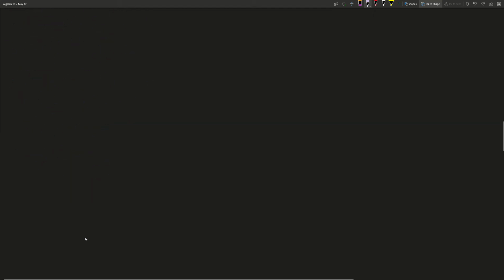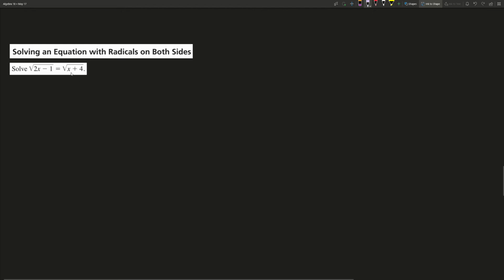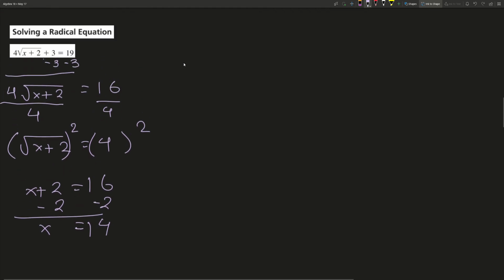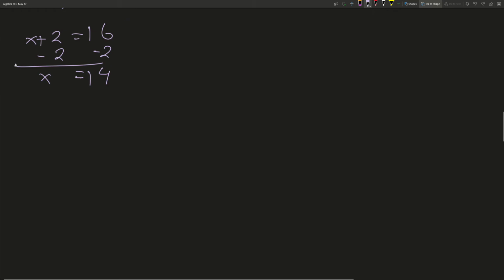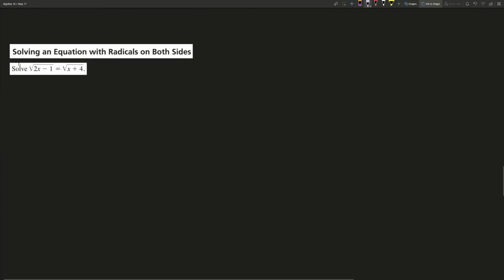Alright. So now we'll be solving an equation with radicals on both sides. Notice in the previous example, we only had a radical on one side. Now, it's on both sides. For this one, you might have guessed already. If you haven't, try to pause the video and see if you can figure it out.